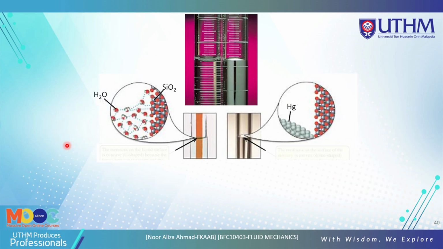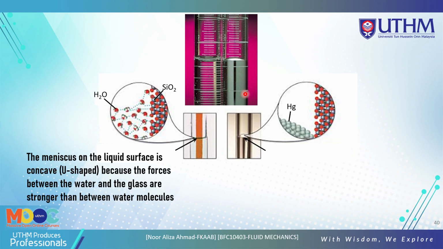So this is the concept for water and also for mercury. They have a meniscus on the liquid surface. This is called the meniscus. The meniscus on the water surface is U shape because the forces between the water and the glass are stronger than between water molecules.